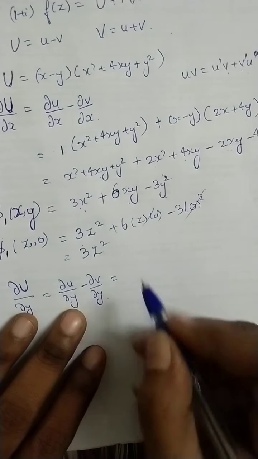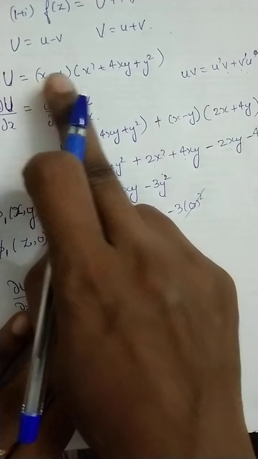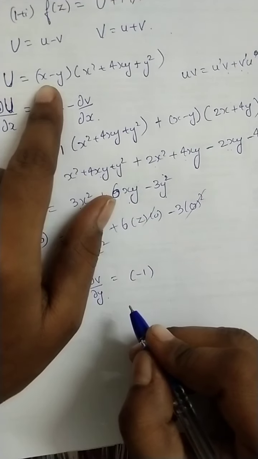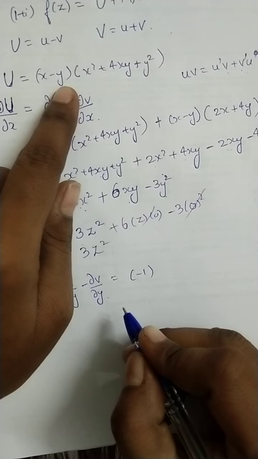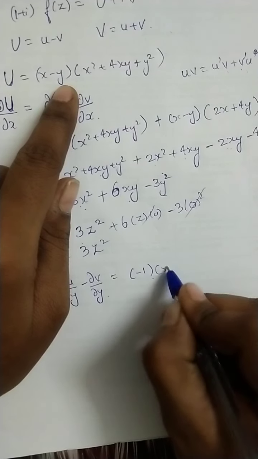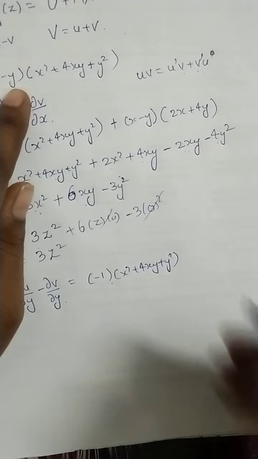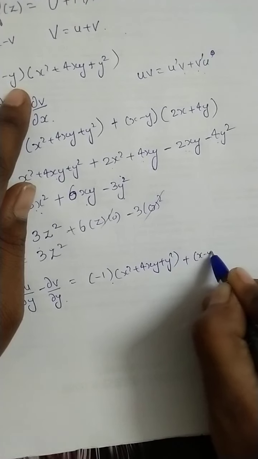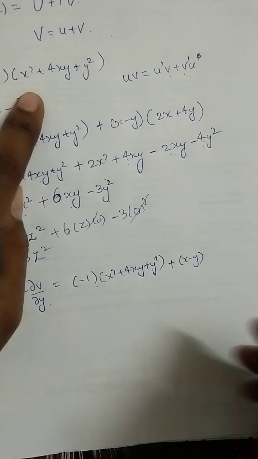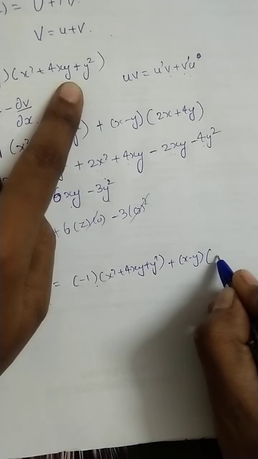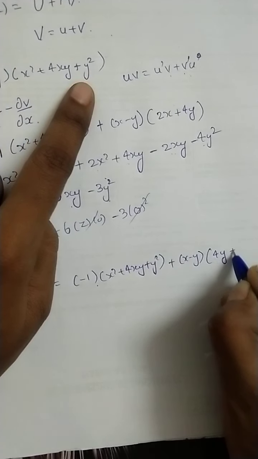So when you differentiate this with respect to y, let's consider this as minus 1 now, because x differentiation is 0 and minus y differentiation is minus 1, into x square plus 4xy plus y square. I'll write v as it is. Now I will differentiate v, so I'll write u as it is, and differentiation of x square is 0, and differentiation of 4xy is 4x plus 2y.